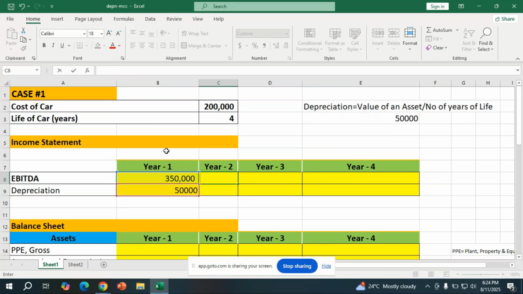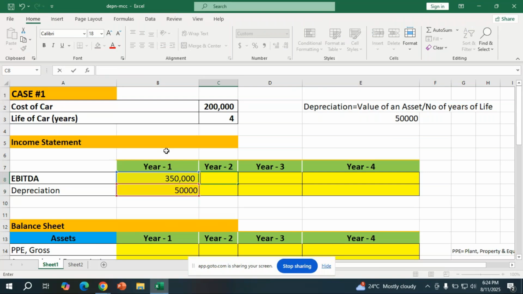Based on the amount given, we are supposed to structure the entire depreciation schedule.